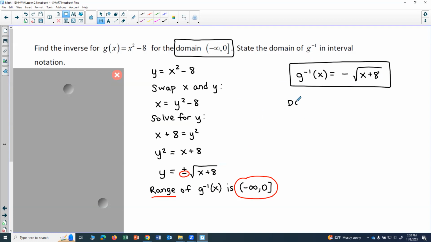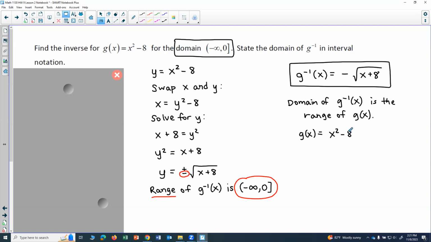All right, now we go to the domain of g inverse. The domain of g inverse x is the range of g of x. So I know that g of x was x squared minus 8.